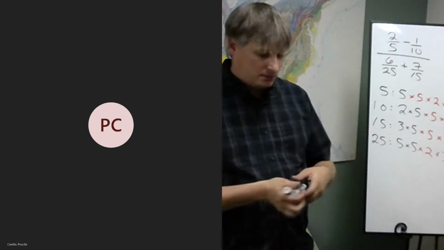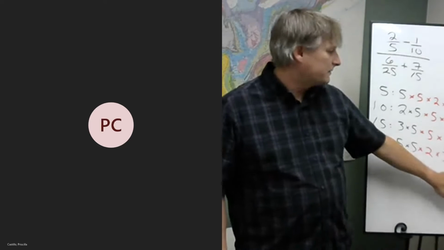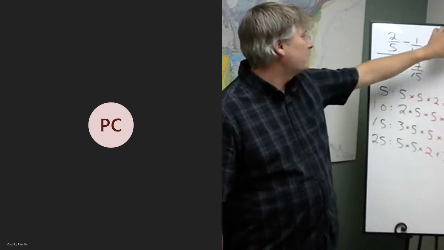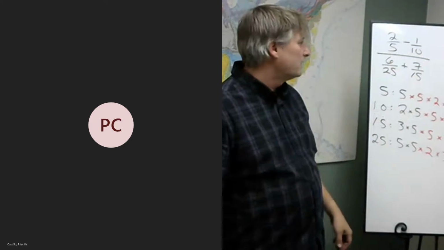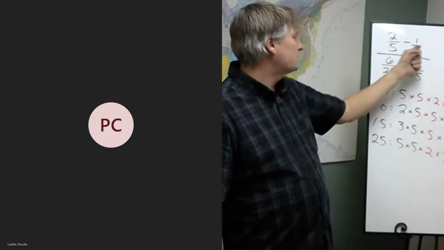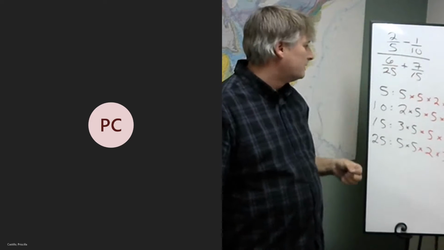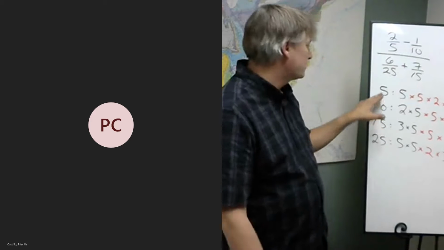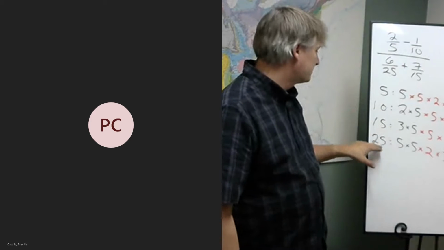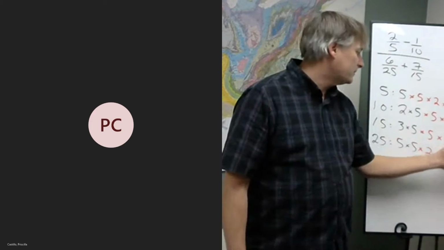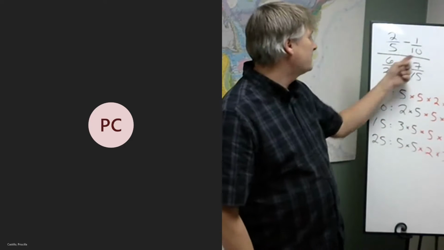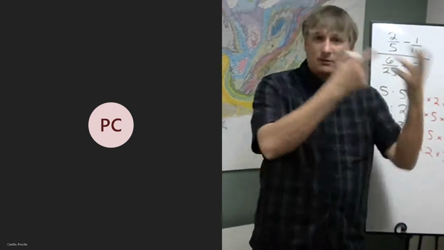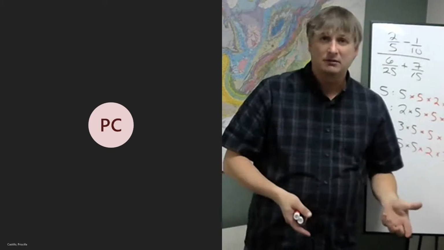Now what we're going to do, we're going to take this 150 and multiply top and bottom by 150. Then we'll distribute it to each of these fractions. Because we turned each denominator into 150, each denominator will divide into 150, canceling it.